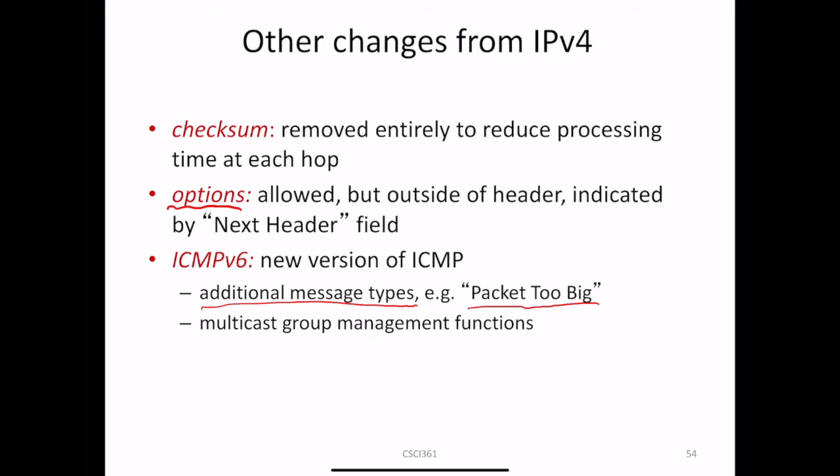Therefore, when the sender sends a datagram that is too large, the router will simply drop it and also send an ICMP packet too big message back to the sender to notify the sender: you cannot send a too large packet over the IPv6 routers.